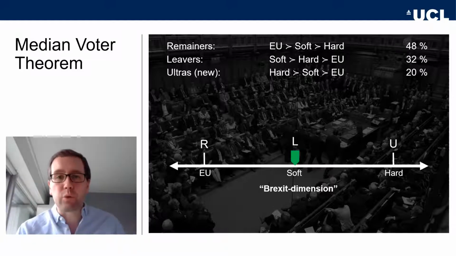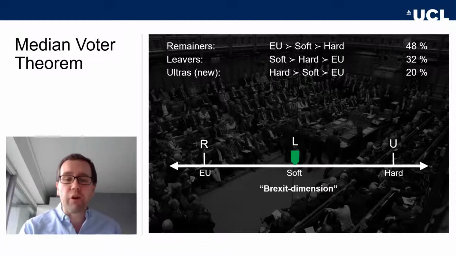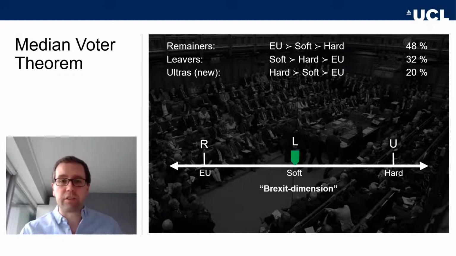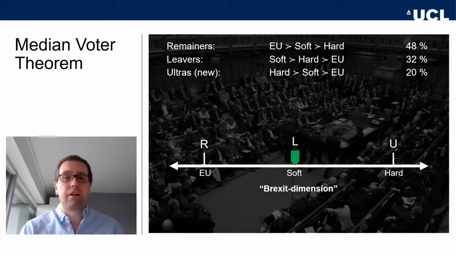So this middle group here is the median voter, or contains the median voter, if you think of these as 600-something MPs. If you line them all up, the Leavers group is the middle group here, the median.